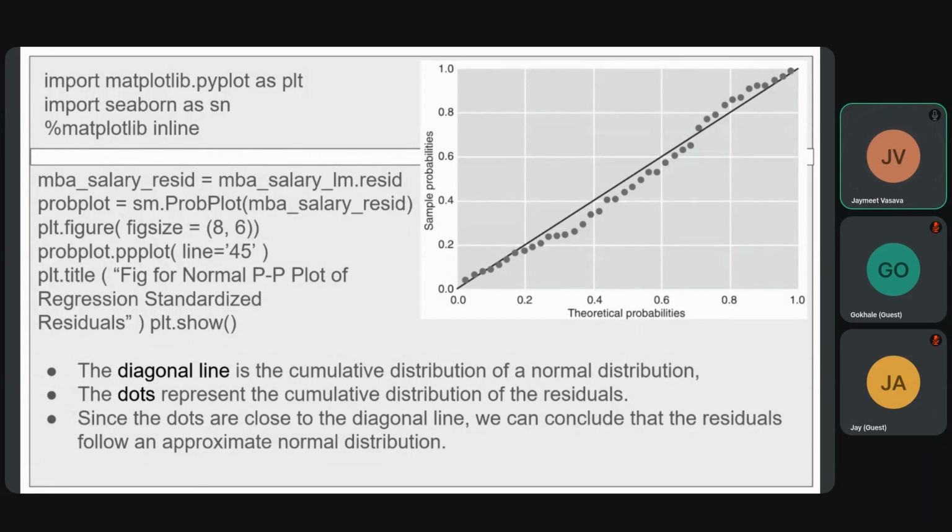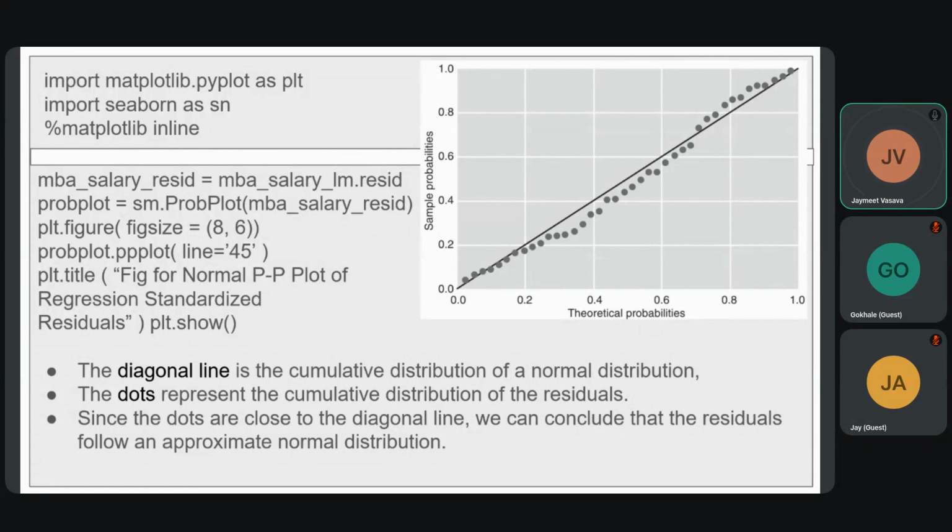The PP plot line 45 is nothing but the angle given, along with the plot title, and plot show to make sure it is displayed.